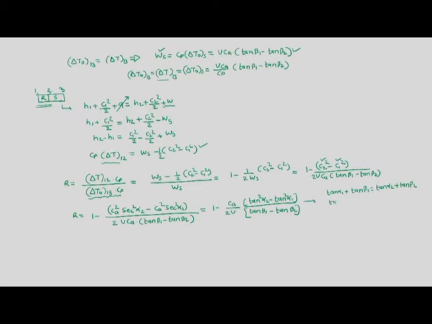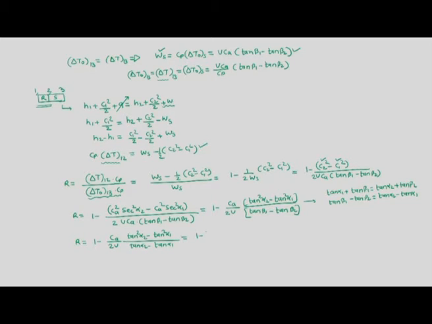So, we get tan of beta 1 minus tan of beta 2 is equal to tan of alpha 2 minus tan of alpha 1. So, we can write it over here and we can say that R is equal to 1 minus Ca upon twice U into tan square alpha 2 minus tan square alpha 1 divided by tan of alpha 2 minus tan of alpha 1.